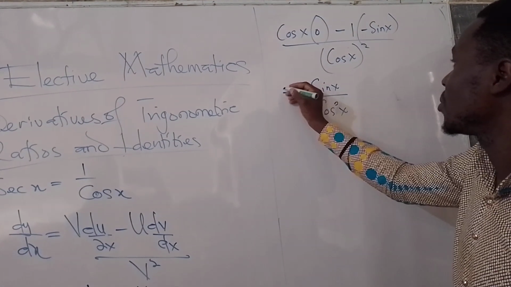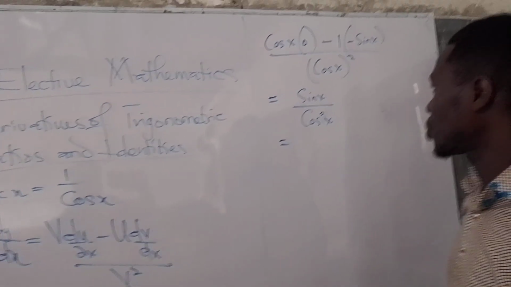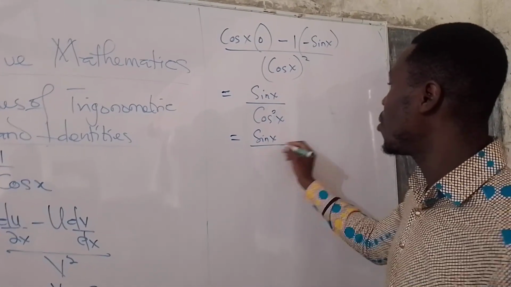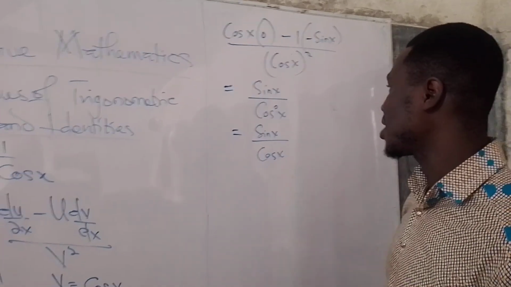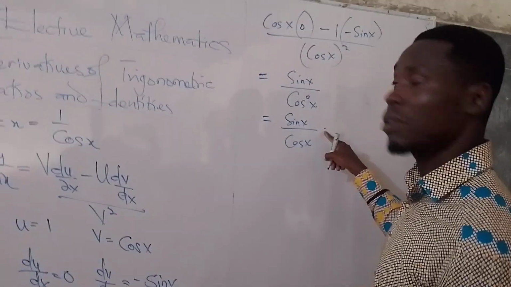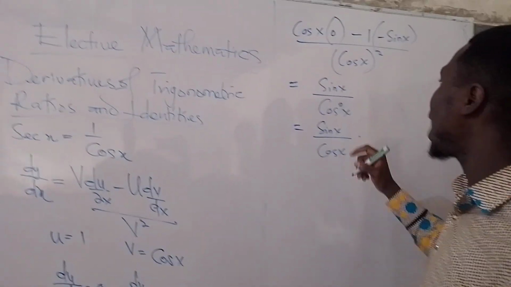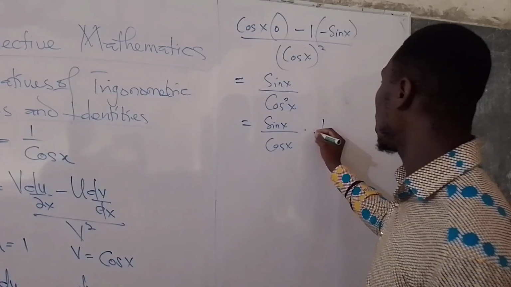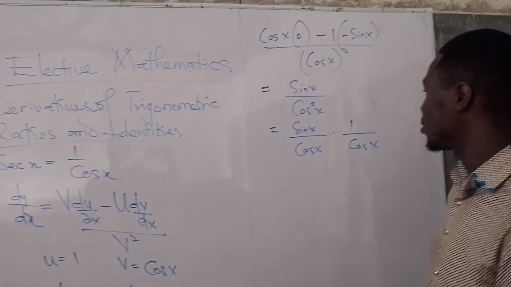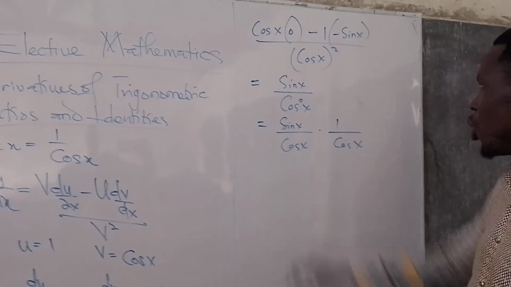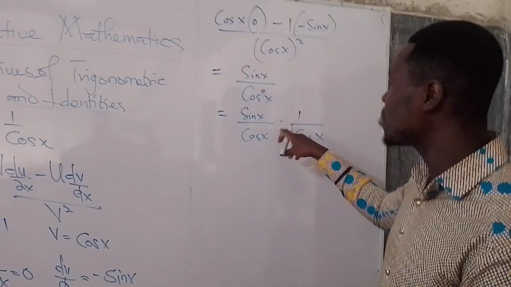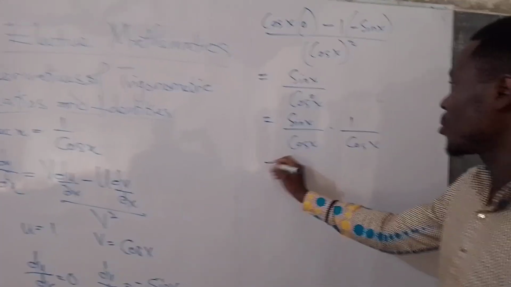Now we can split it up: sine x over cos x multiplied by 1 over cos x. I hope you are following. When you split this, this is what you are going to get.